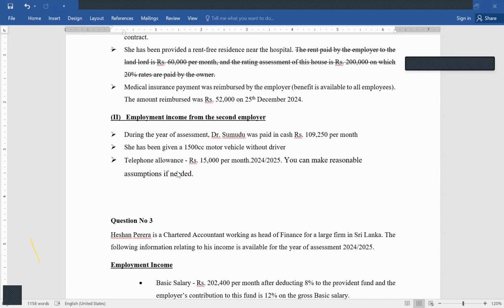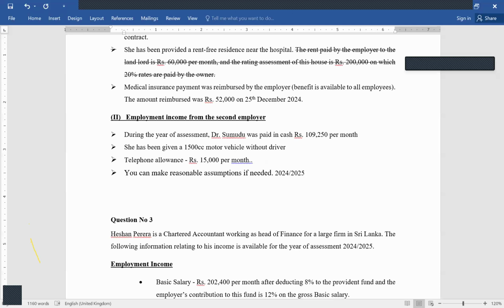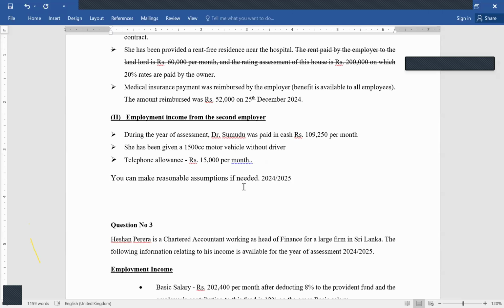The last one, telephone allowance, 15,000 per month.